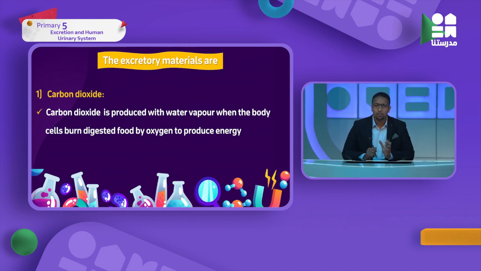So when the digested food enters the cell, the cell burns this food to get energy and produces excretory materials, harmful or poisonous materials like carbon dioxide gas. After that, it is released to the blood again. The blood takes this carbon dioxide to the two lungs and we get rid of it through the two lungs.